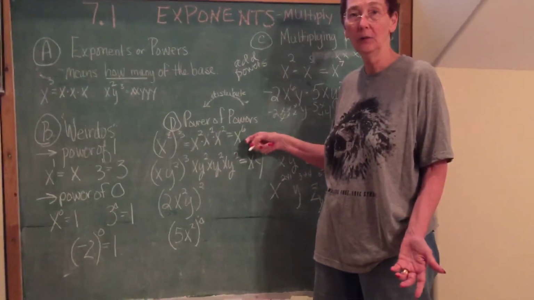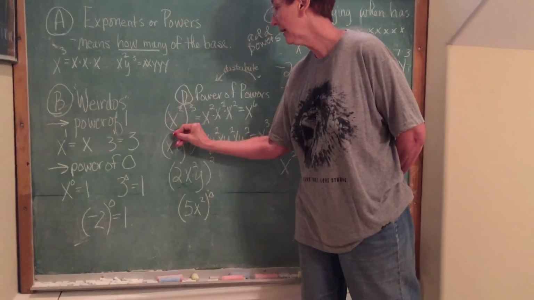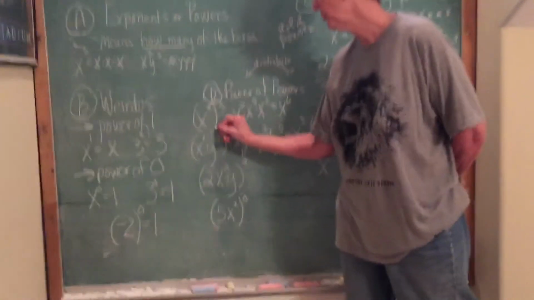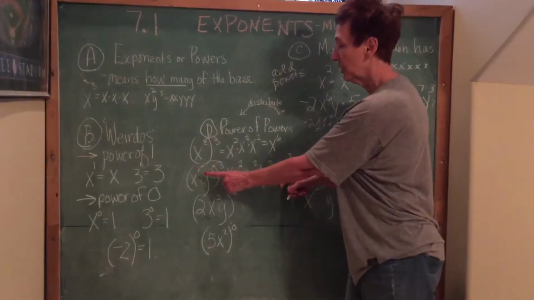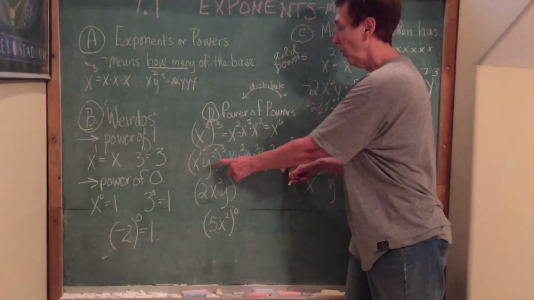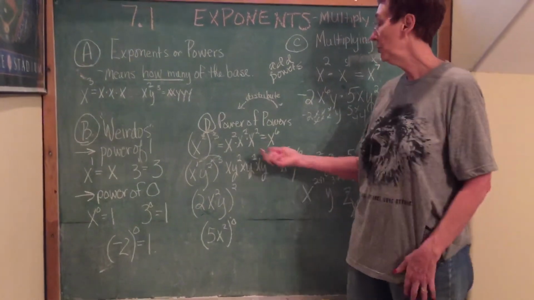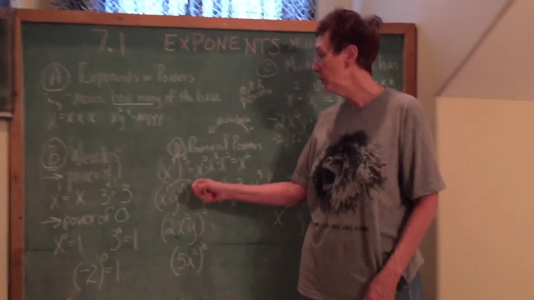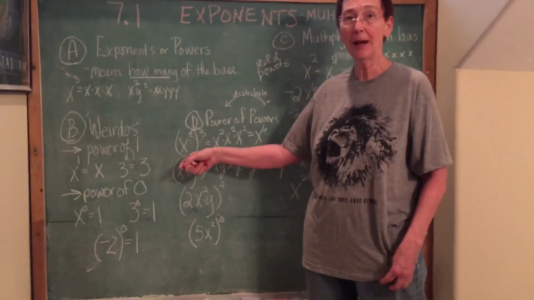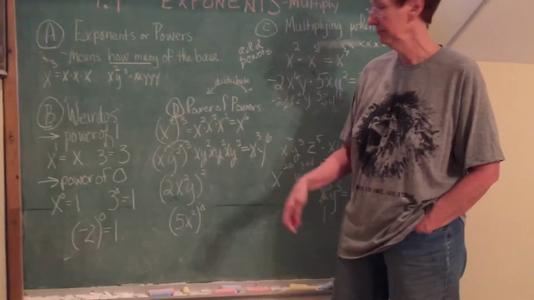Well, that's exactly what I got. If I'm going to distribute this one, remember your x has an understood 1, so you're distributing that, and you're distributing. That gives me x to the 1 times 3, or x to the 3rd, and y to the 2 times 3, or y to the 6th. So you can either expand it and then use it, or you can use this idea of distributing my power. And in 7.1, they're trying to get the idea of distributing.